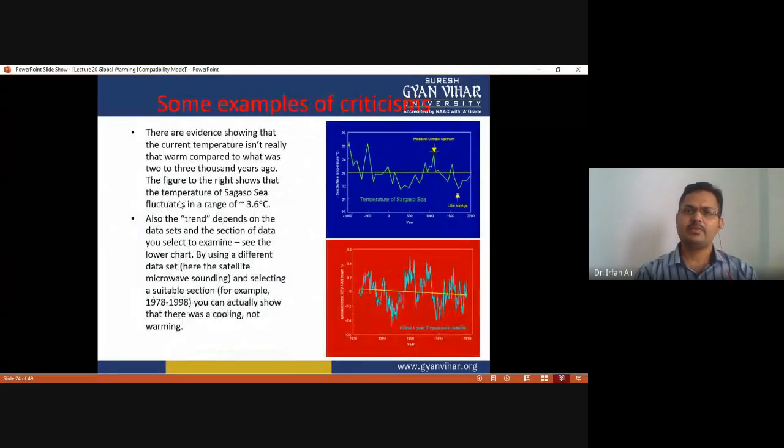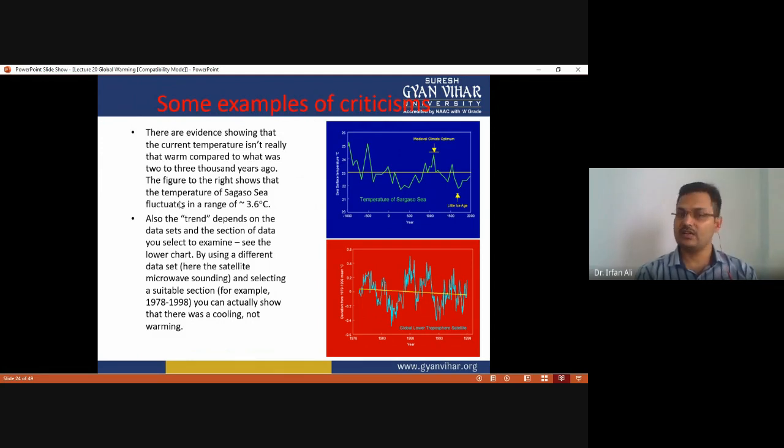Some examples of this criticism are discussed here. There is evidence to show that the current temperature is not really that warm compared to what it was 2 to 3,000 years ago. The figure to the right shows that the temperature of the Sargasso Sea fluctuates in a range of 3.6 degrees. Also, the trend depends on the data set and the section of data you select to examine.